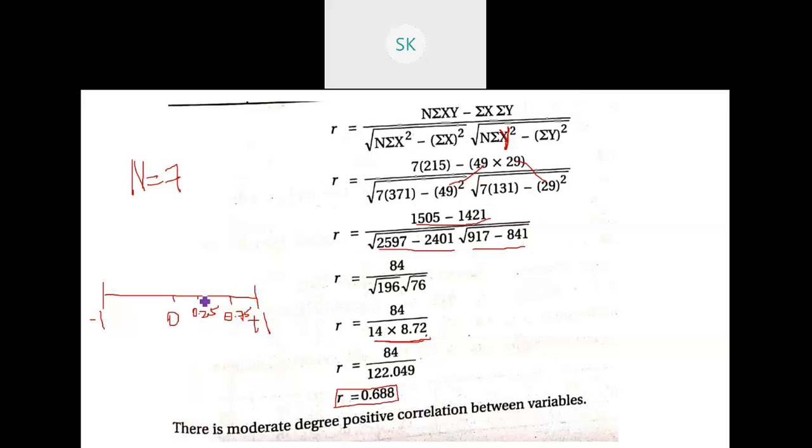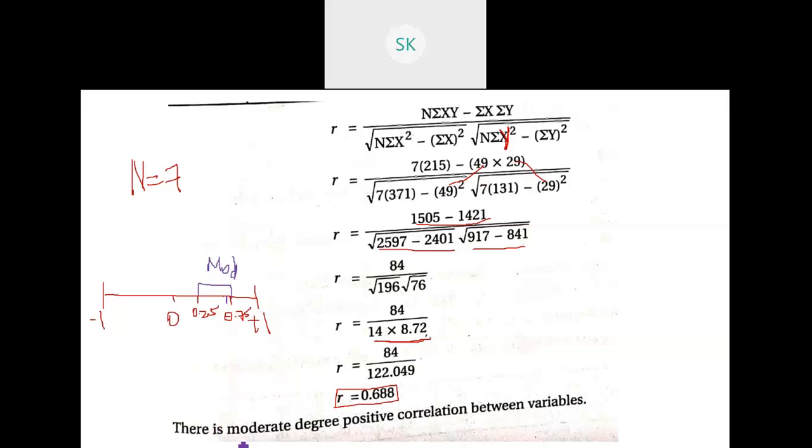So 0.688 is between 0.25 and 0.75, but very near to 0.75, which means it falls in the moderate bandwidth.